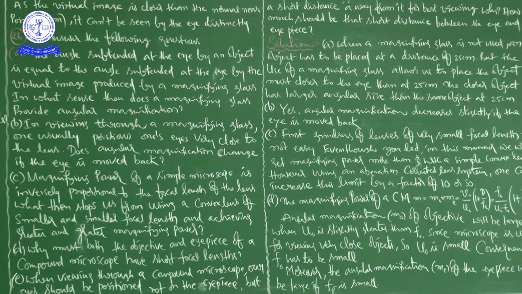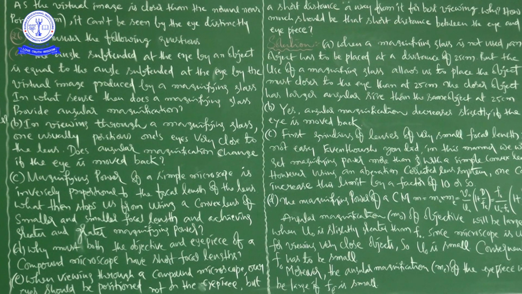The closer object has larger angular size than the same object at 25 centimeters, right? So it is in this sense that a magnifying lens produces angular magnification, right?